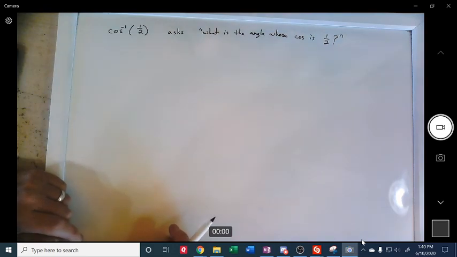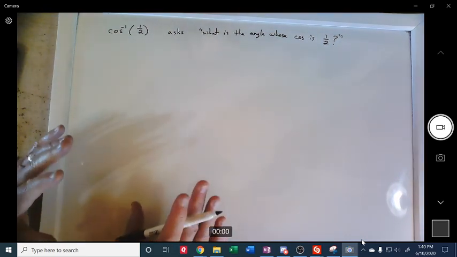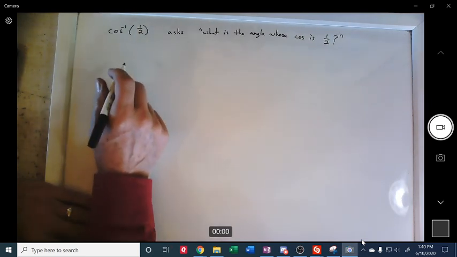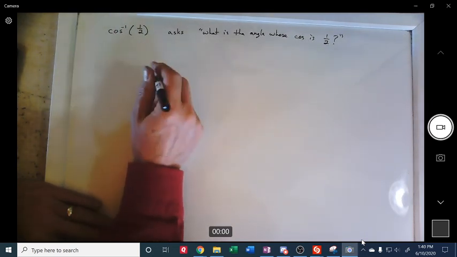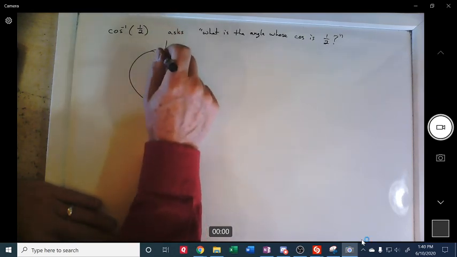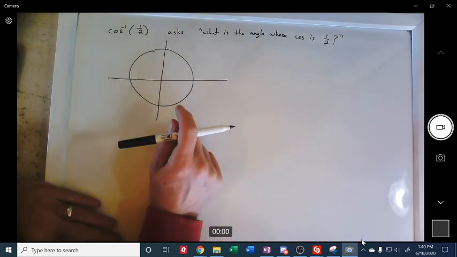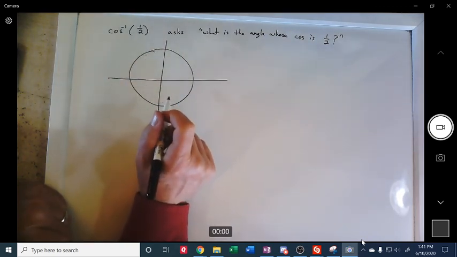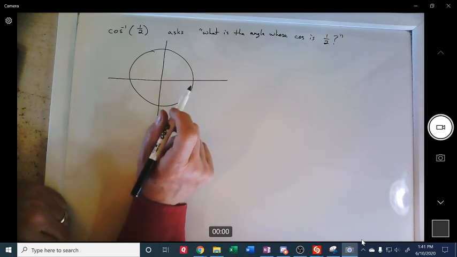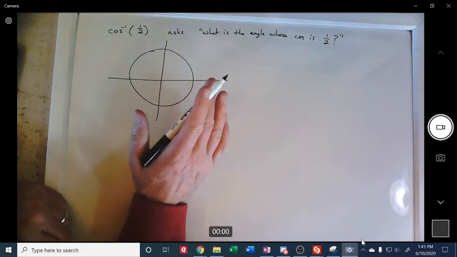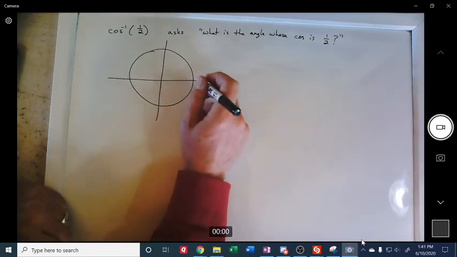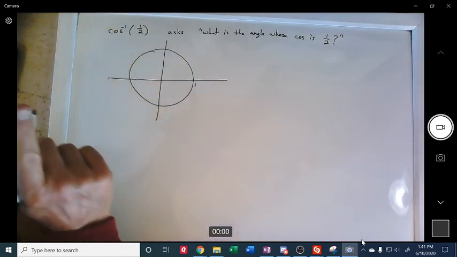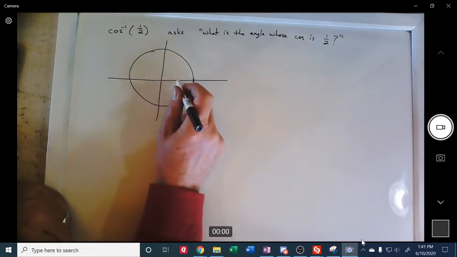Now, am I writing too small for you? Anybody having that problem? Okay. So we can visualize this, and we think of the unit circle. What's the angle that when I take its cosine, I get 1/2? Now the cosine on a unit circle, if this is length 1, corresponds to the x-coordinate.